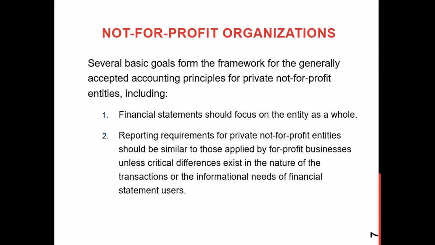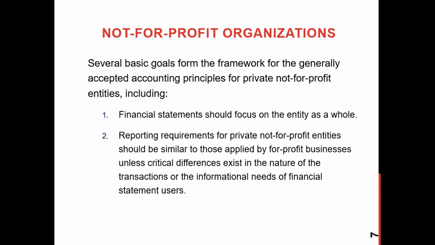So when FASB sets those standards, they have several goals. One important goal is that financial statements should be focused on the entity as a whole. That means their financial statements should not be structured to highlight only some individual funds. Rather, they need to present the financial position of the entire organization.